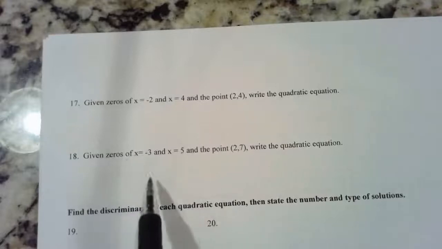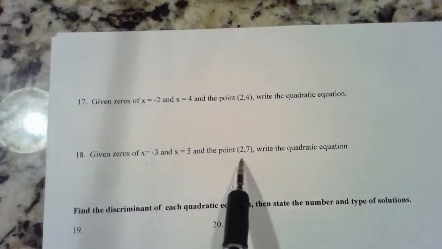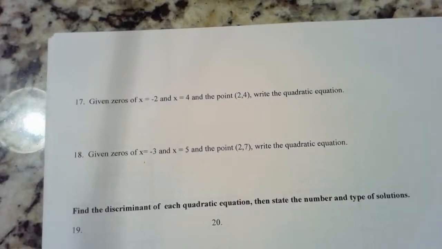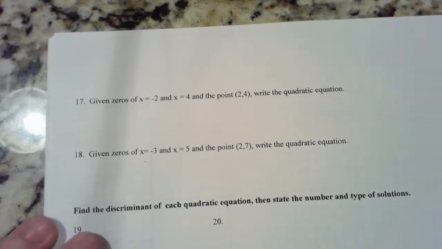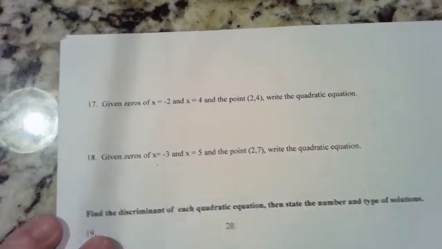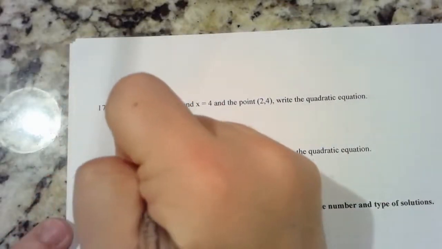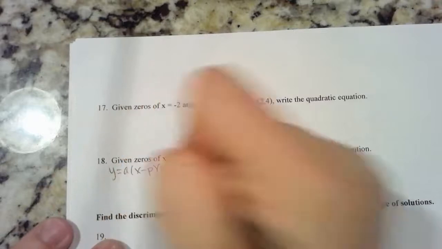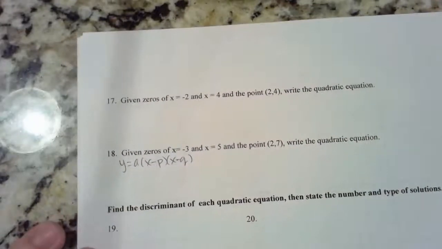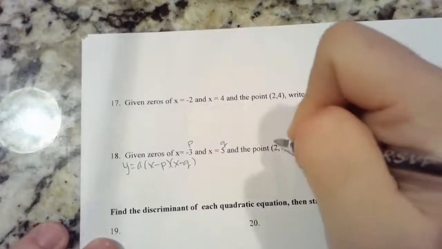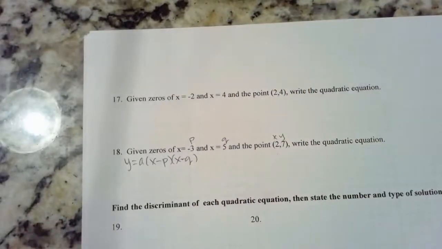If I want to write the equation that goes through those zeros and passes through this point, I'm first starting by putting it in factored form. Well, that's the equation for factored form. Now these are my zeros, and this is my extra point (x, y).